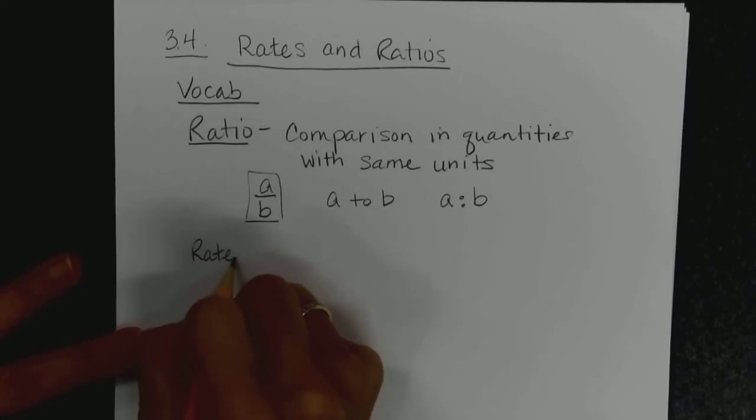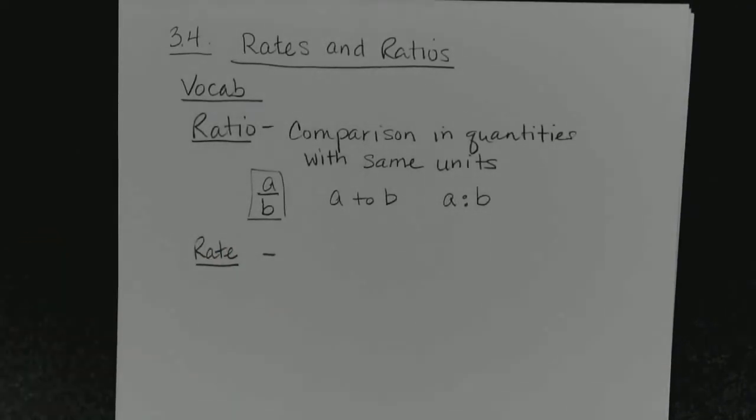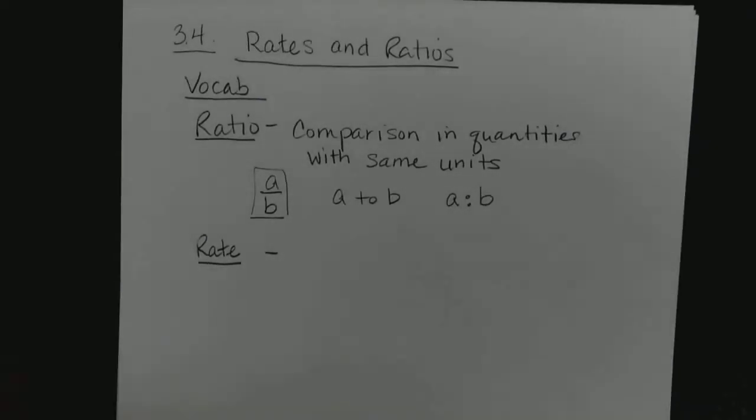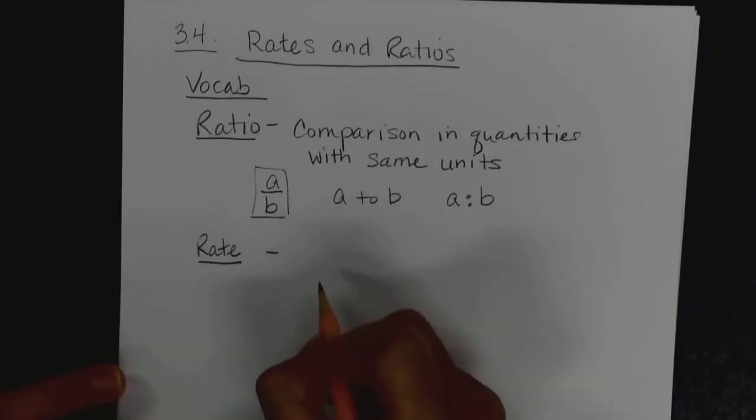Can somebody tell me what is a rate? The speed or something. Yes, speed is an example of a rate, right? How fast you go. How much something costs per pound. That's a rate, right?